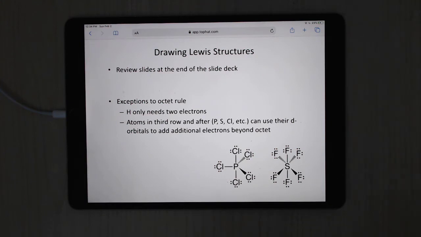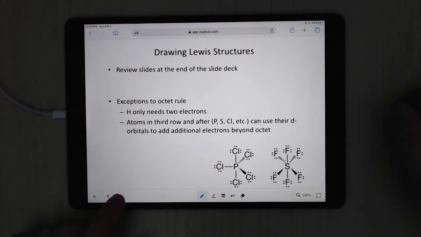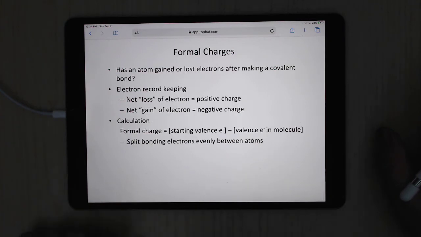Carbon can never violate the octet rule. But do realize that you can have phosphorus pentachloride or sulfur hexafluoride. Those are totally legit molecules, and it's a little quirk of that. But most of the time we're not going to violate the octet rule if we don't have to.